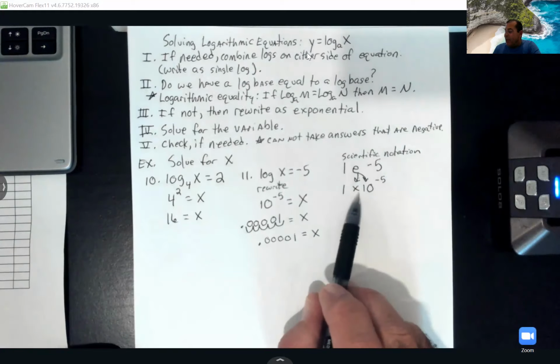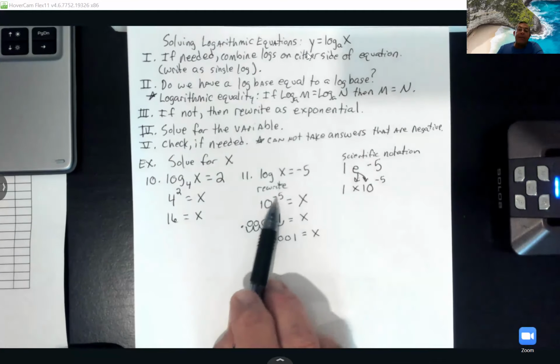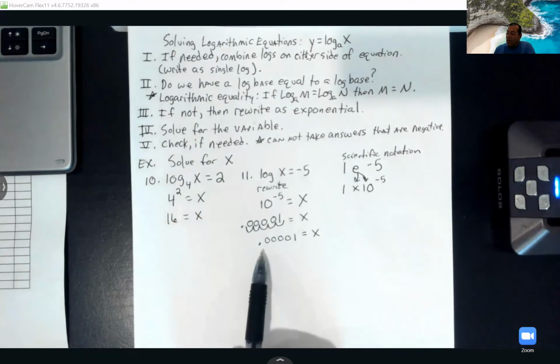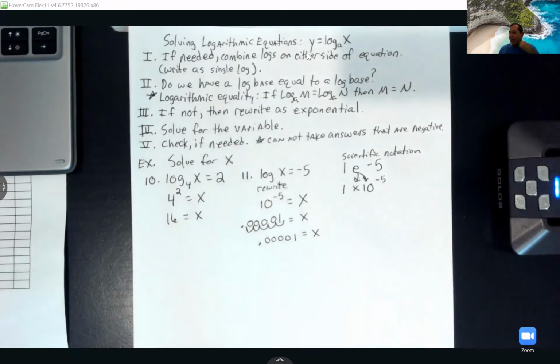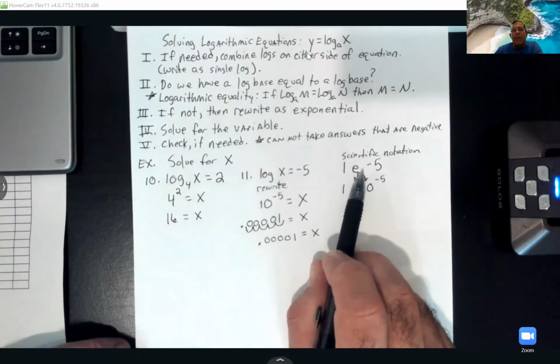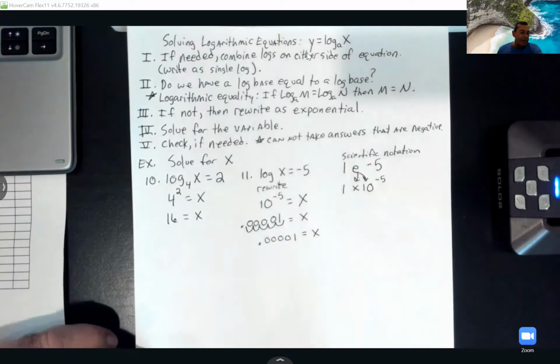Which basically, 1 times 10 to the negative 5th is giving us back this. And MATLAB's sort of picky, and it wants it written as these decimals on them, okay? But when y'all do science classes like chemistry and stuff, y'all will probably mess with scientific notation in there, okay?